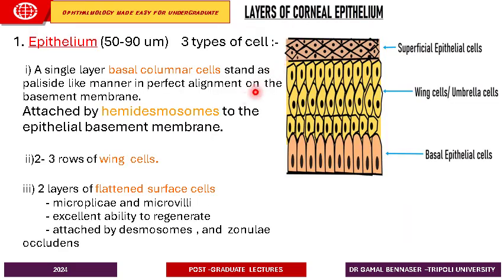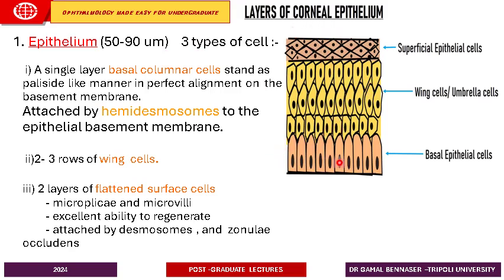Now, the first layer of the cornea is the corneal epithelium, and the corneal epithelium represents around 50 to 90 micrometers, and it is made up mainly of three types of cells, in 4 to 5 layers of cells.